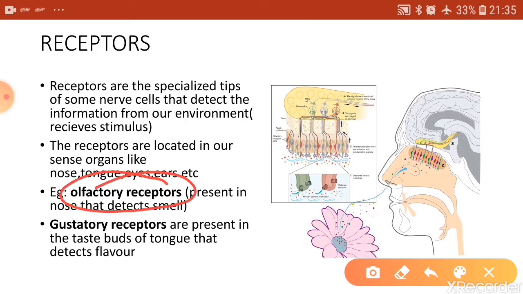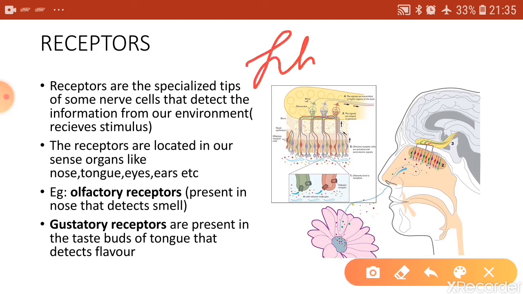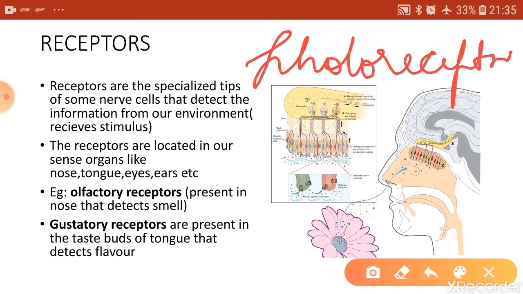In your tongue you have gustatory receptors, and the role of the gustatory receptors is to detect flavors of food. They are present in the taste buds of your tongue. Similarly, in your eyes you have the photoreceptors. You must have learned about the rods and the cones that are present in the retina. So they are the photoreceptors.